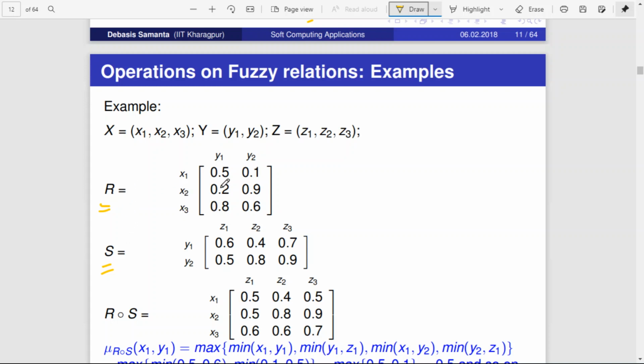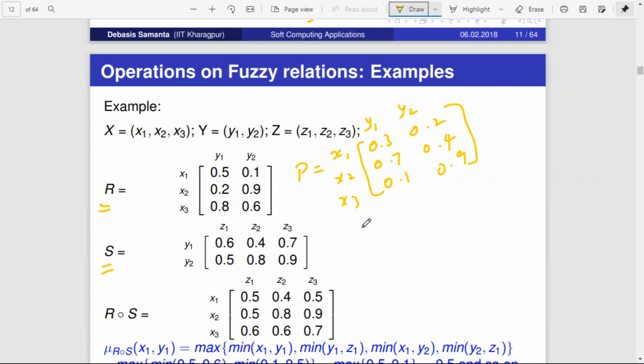If you want to find union, there should be a relation defined on the same X and Y. Let us assume there is a relation P defined on X and Y, say x1, x2, x3 and y1 and y2, with values 0.3, 0.2, 0.7, 0.4, 0.1 and 0.9.